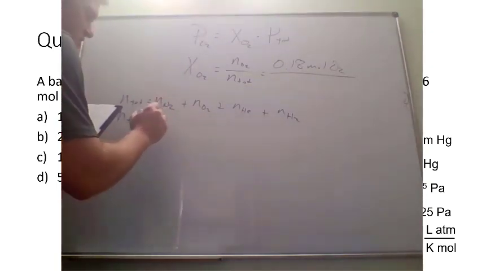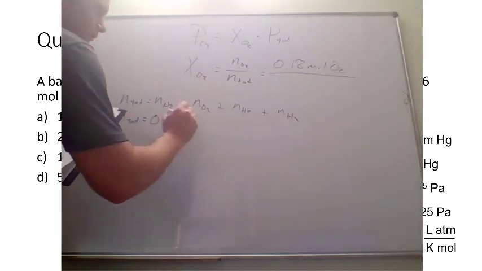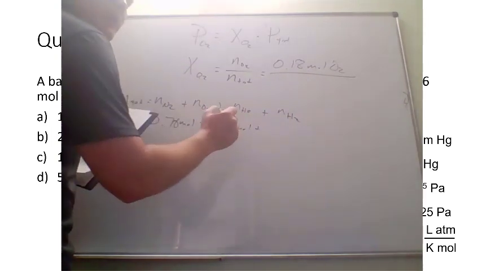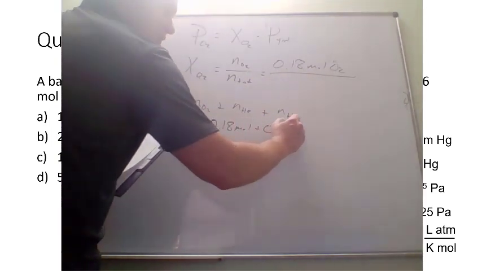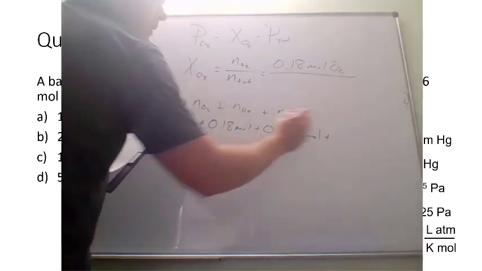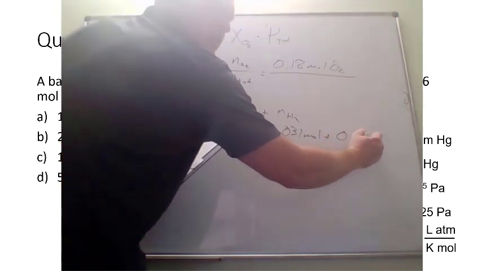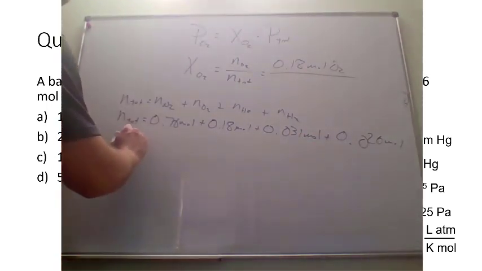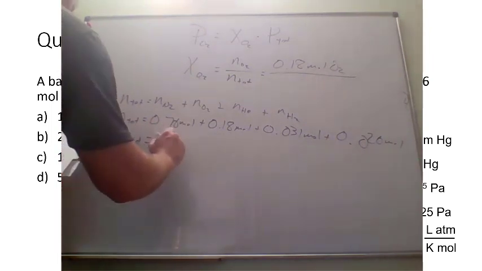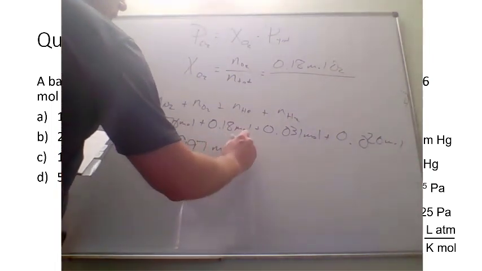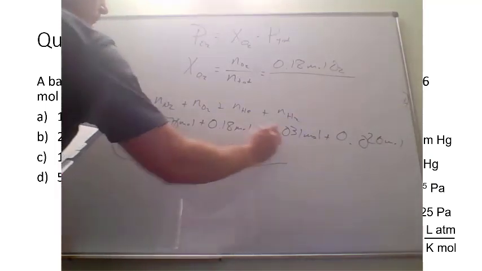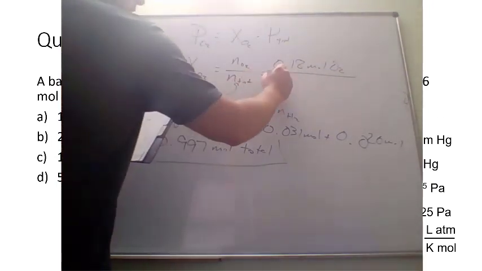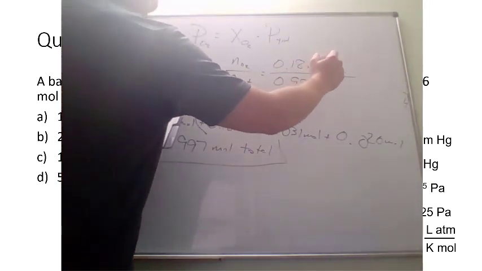So number of moles of N2 is going to be 0.76 moles plus the number of moles of O2, 0.18 moles, plus our number of moles of helium, which is 0.031 moles, plus our number of moles of H2, which is 0.026 moles. Plug and chug, we get our number of moles total is going to be equal to 0.997 moles total. So we can take that value, plug it into our equation up here. 0.997 moles total.